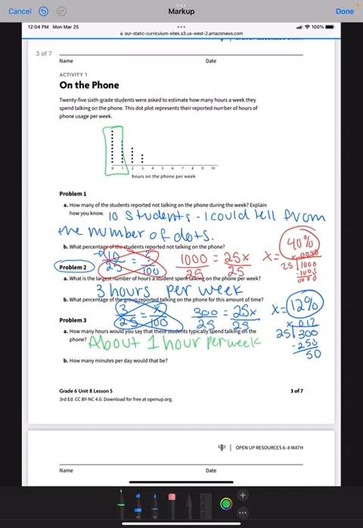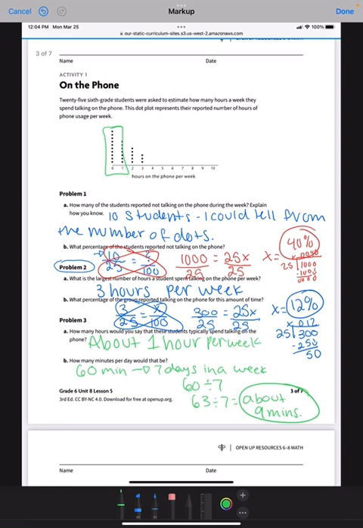And it says, how many minutes per day would that be? Well, an hour is about 60 minutes. And there's 7 days in a week. So 60 divided by 7, if we estimate that, think of 63 divided by 7, which is about 9 minutes probably per week.